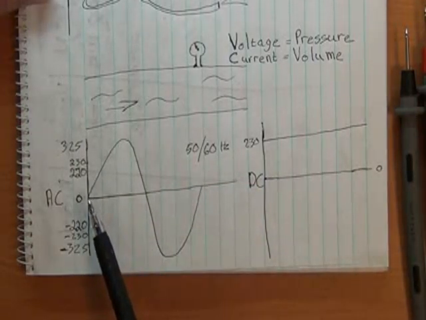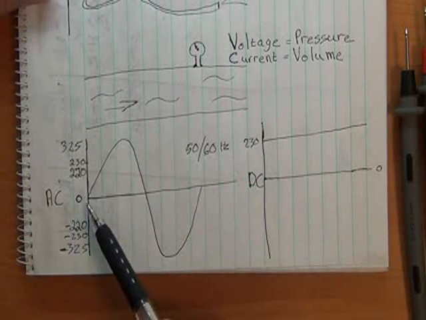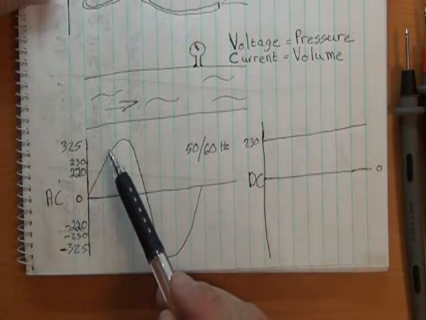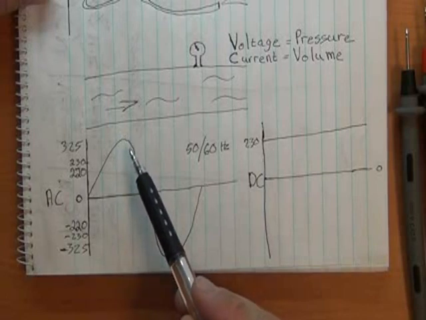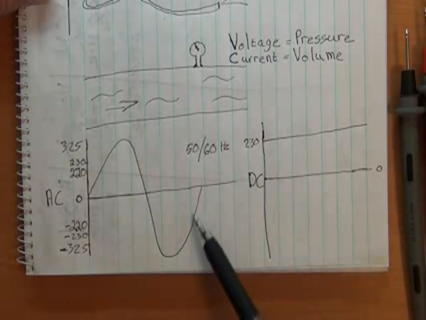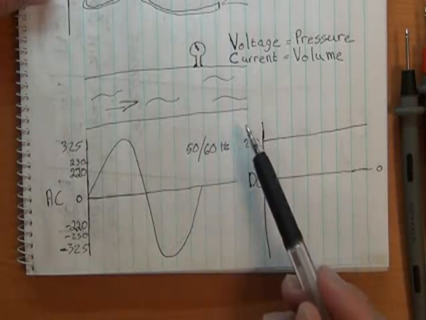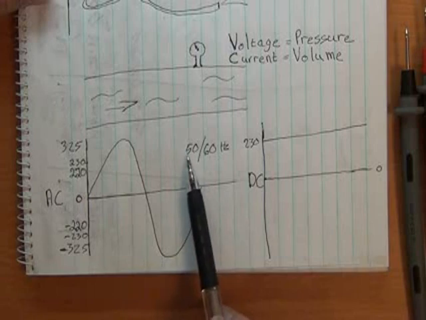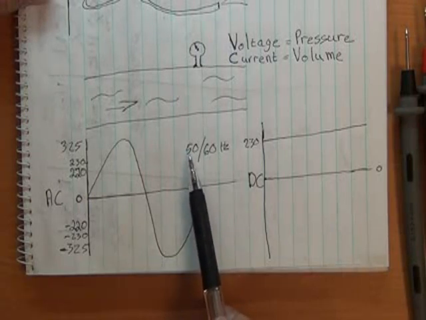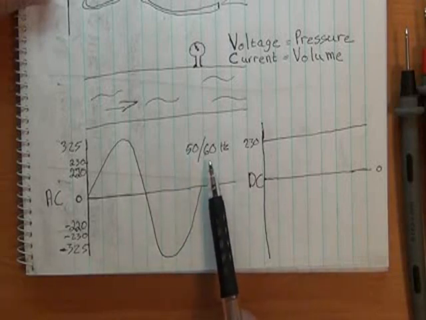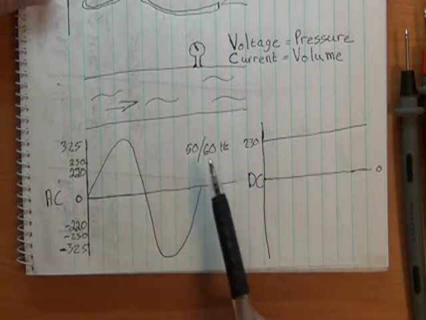Now what happens with AC? The voltage goes up to a peak, then comes down to 0, then goes negative for a while, and then comes up to 0, and it repeats the cycle again. Depending on where you are in the world, it happens at either 50 Hertz or 60 Hertz, which is either 50 times a second or 60 times a second.